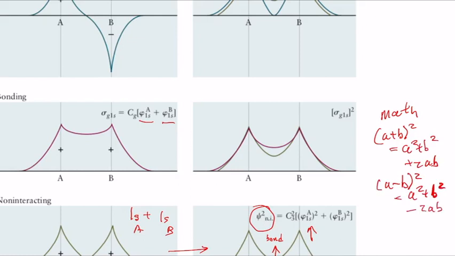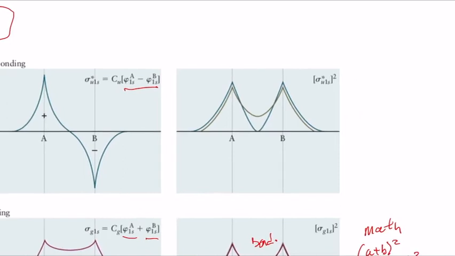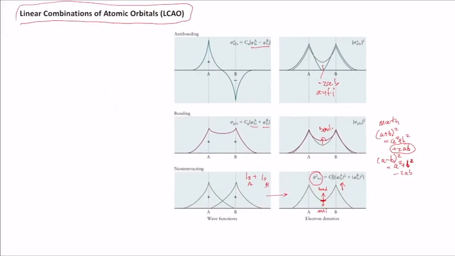What is it that I learned? That here this term plus 2ab has led to increased electron density and hence bonding. When I go to the minus case, I have the minus 2ab, which leads to anti-bonding. Okay, so linear combinations of atomic orbitals are very useful for us to get an idea of where bonding comes from.